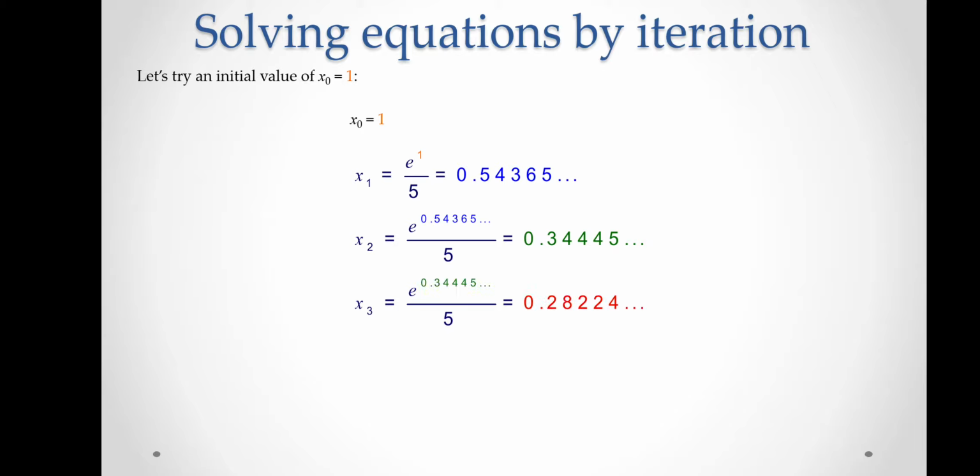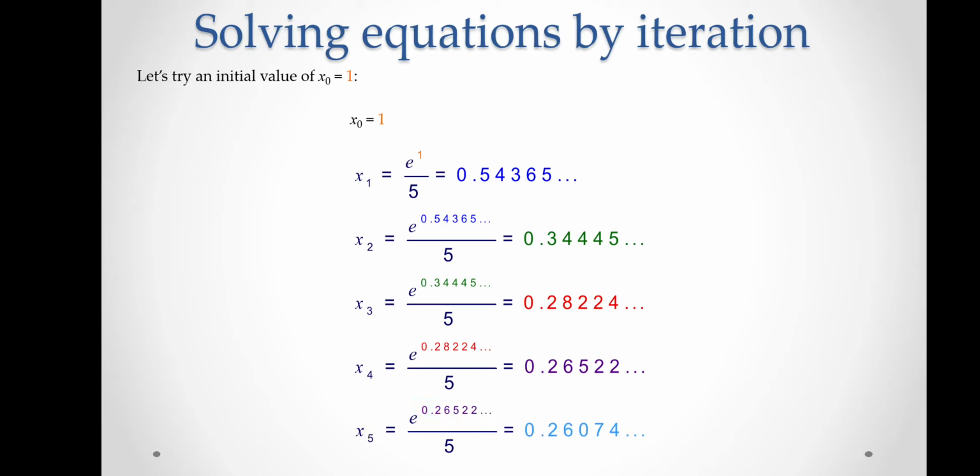So you have to repeat the process to get x3, x4, x5. When you repeat the process, you can easily find x2, x3, x4, x5 from your calculator by taking the previous answer. Then x6, x7, x8.